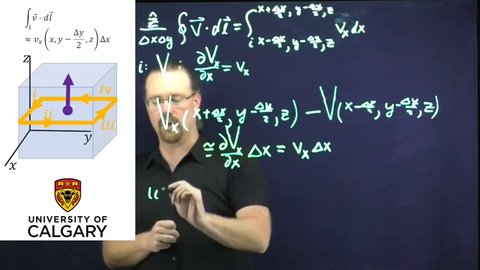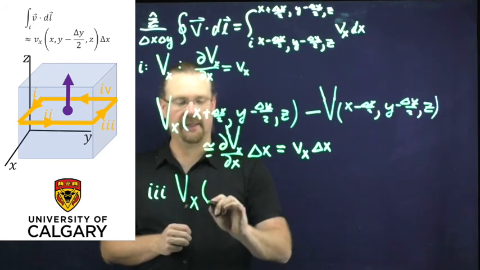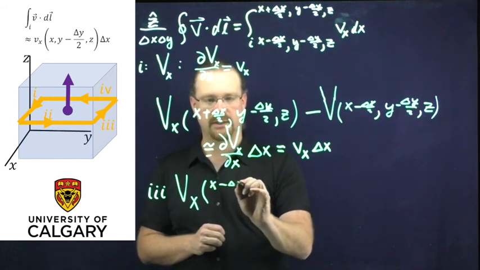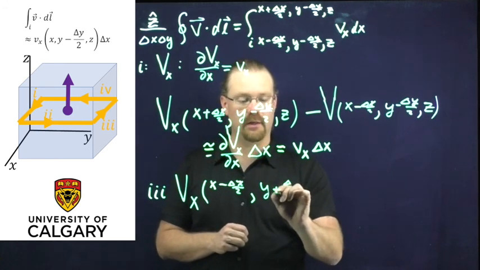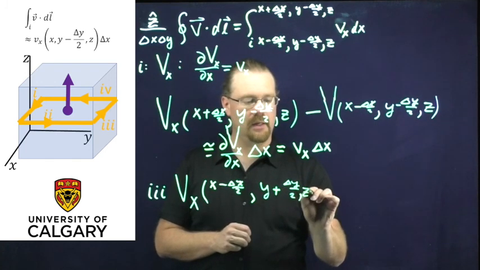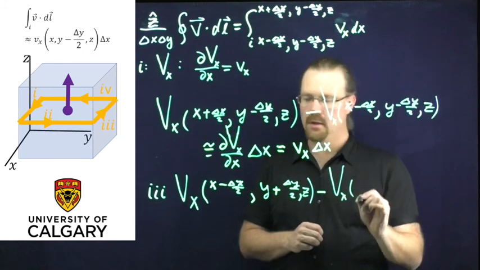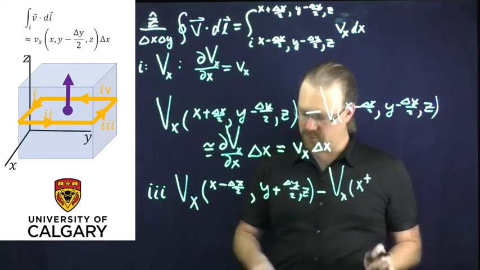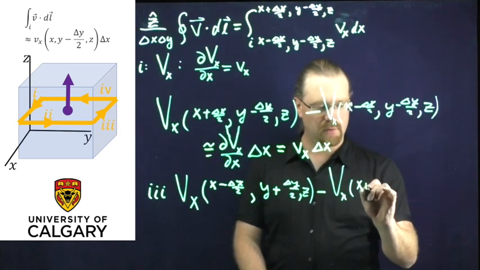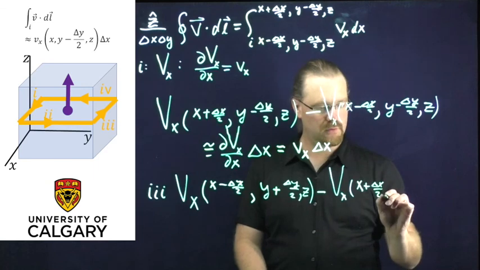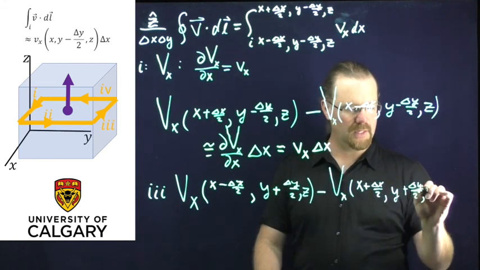Now for path 1. Now for path 3, we had the same Vx, but now what we had was the capital Vx evaluated at x minus delta x over 2, comma, y plus delta y over 2, comma, z, minus capital V sub x, and now it's at x plus, whoops, let's move that down into region, we can use x plus delta x over 2, comma, y plus delta y over 2, and our z stays the same.